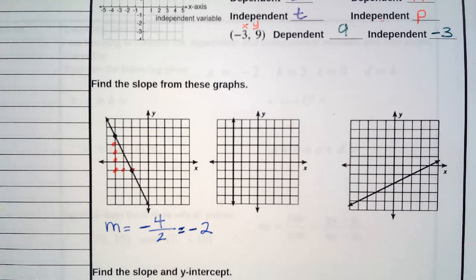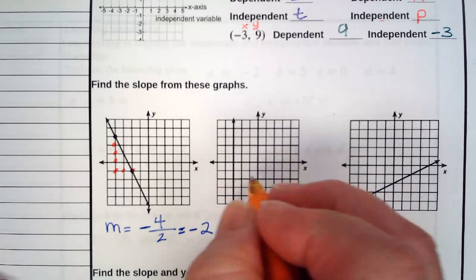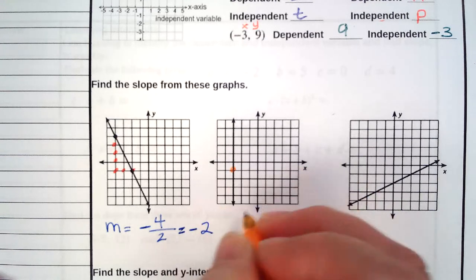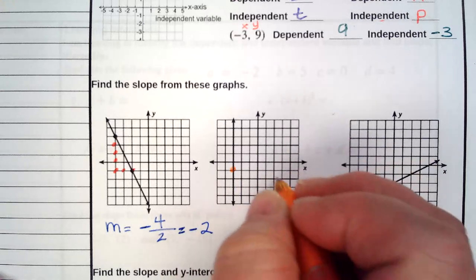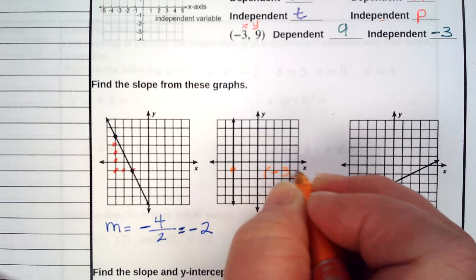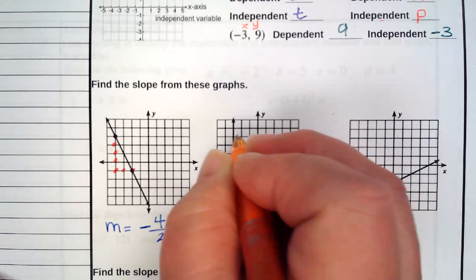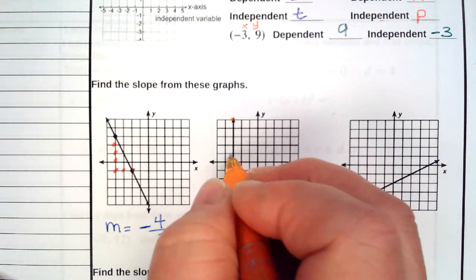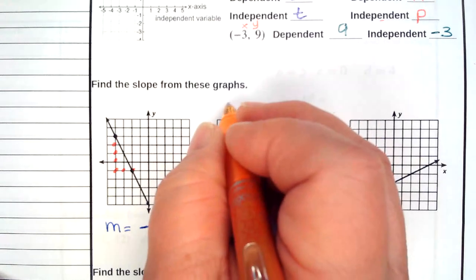On the next one, if it goes straight up and down, what is my slope? Well, I'm going to look at 2 points. I'm going to do the point negative 3, negative 1. And I'm going to do the point 3, 5.